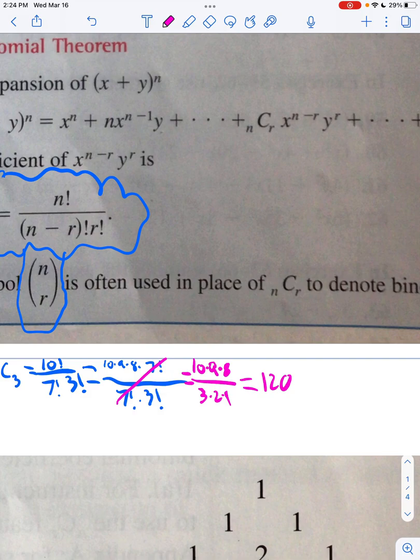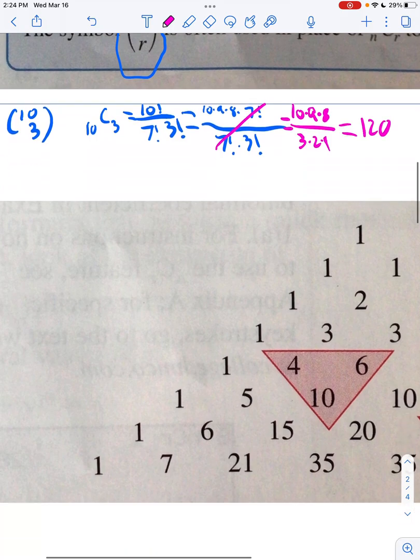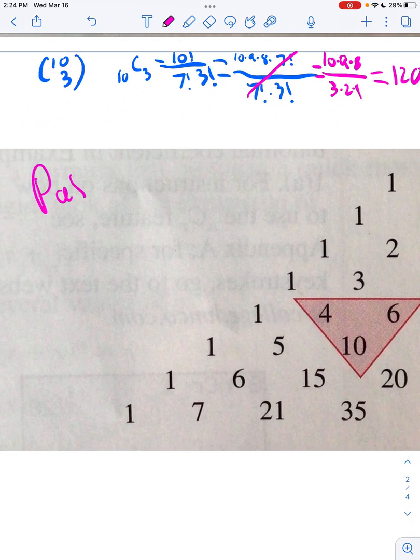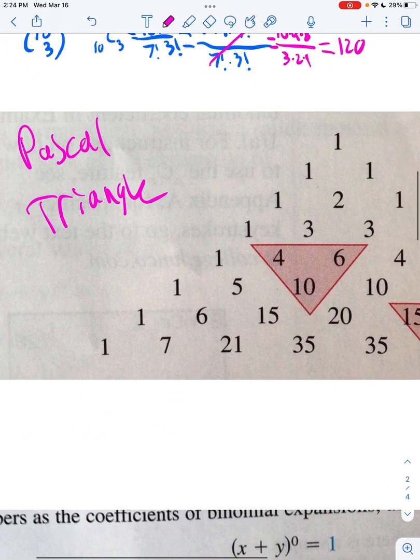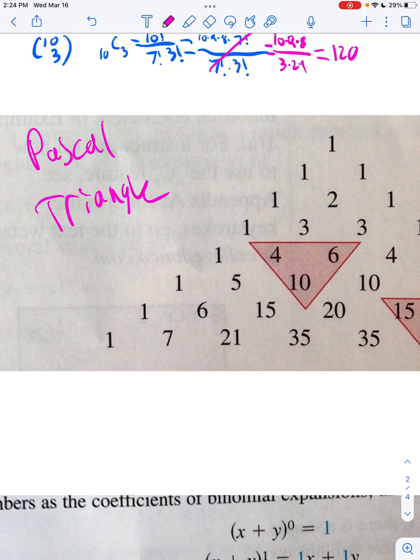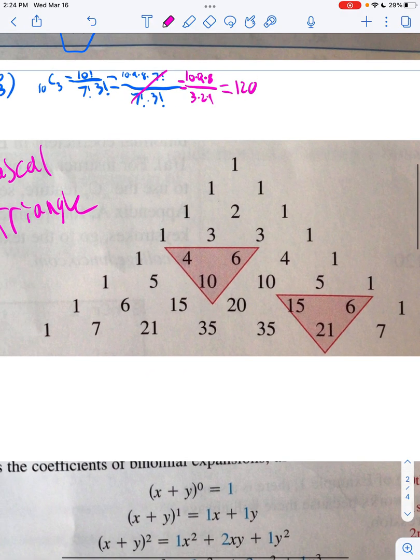Okay, and so this leads us into the idea of Pascal's triangle. He's the famous mathematician who came up with this, Blaise Pascal, a French mathematician.